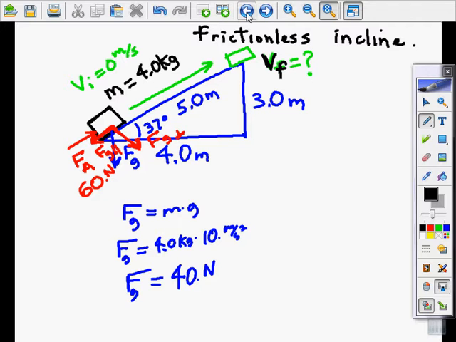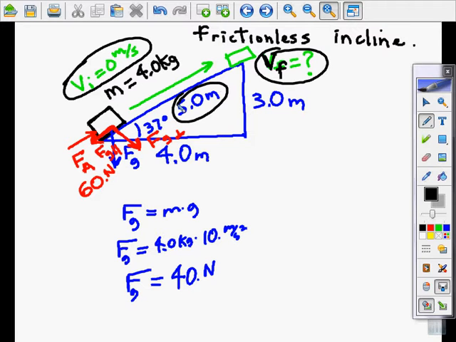We know the initial velocity is 0. We're looking for the final velocity. We have the distance up the ramp. And now we have the acceleration.